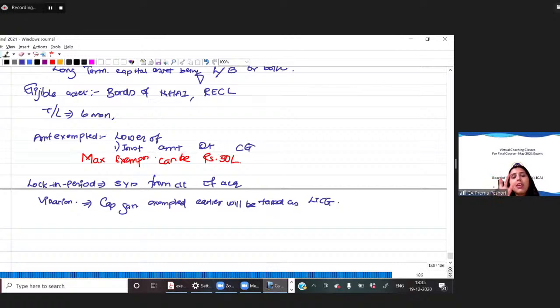So this particular provision has not been changed to say only long term. It has been kept like long term or short term, because earlier it was like that. So you're correct, only long term will be here, because if the asset is held for more than 24 months, it will become a long-term capital asset. Right, Ramya?